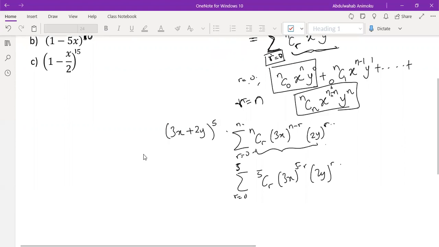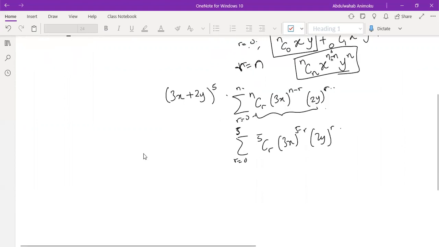Now, let's just think a little bit. At what point are we going to have x raised to power 4 in this expansion? Let's isolate each term. For what value of r will we have x raised to power 4?